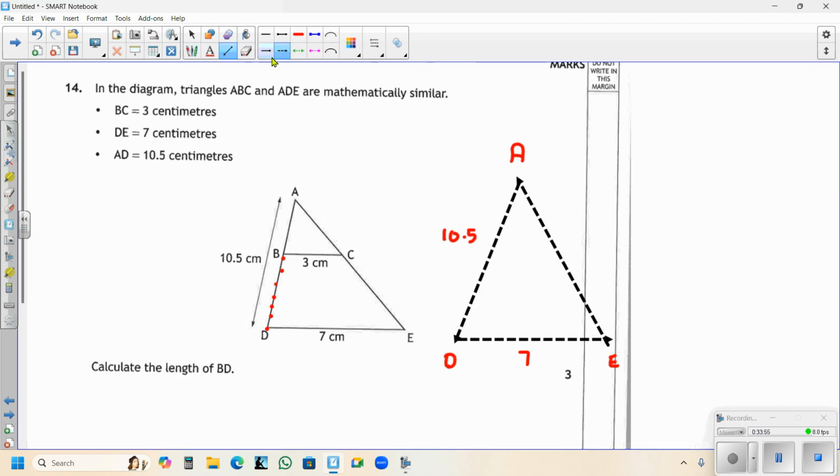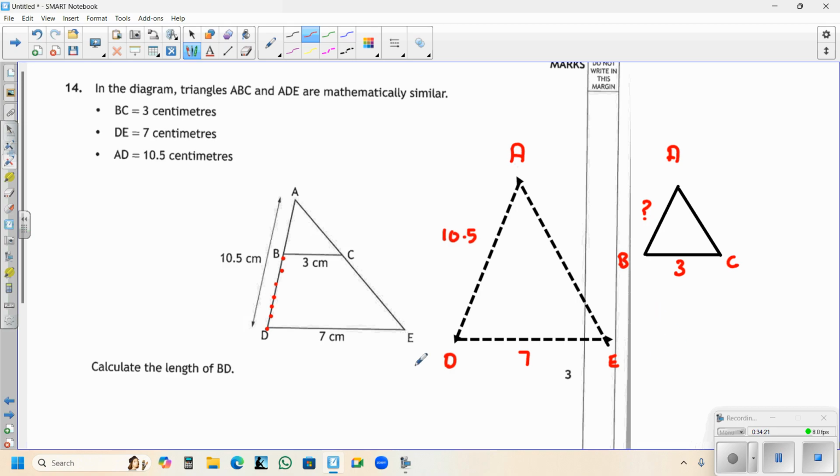I'm now going to draw a smaller triangle, which is A to B to C. So that's it there. And we'll fill in some of the dimensions there as well. So what do we know? We know that that there is 3 centimetres. That's A, that's B, and that's C. Now looking at those two, the only thing I can work out is that wee distance there.